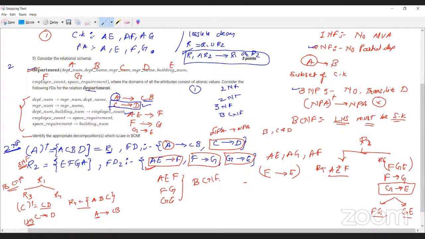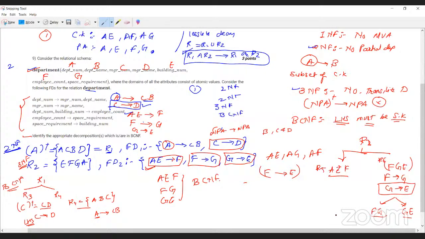We are taking closure of AE, F closure and G closure here. So G closure would be GE. So one relation should have FGE, another should have GE, and the other should have the remaining.